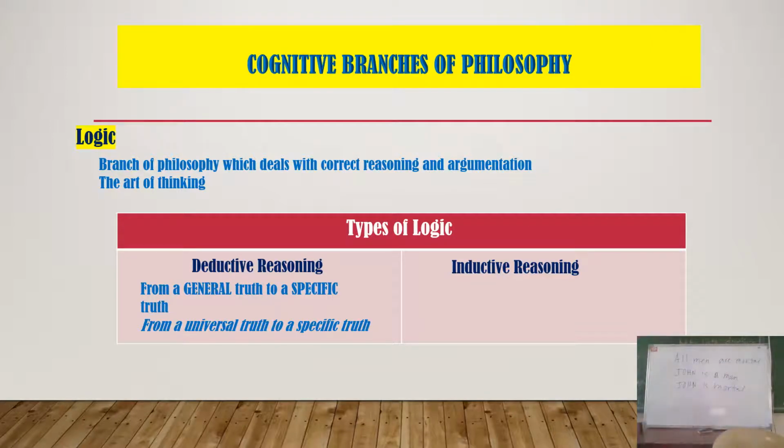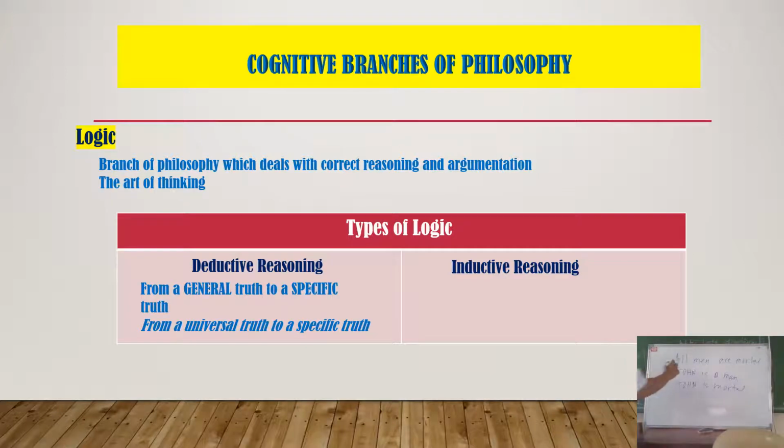So, from your conclusion, you are providing supporting idea or supporting evidences. So all men are mortal. So John is a man. Therefore, John is mortal. That is deductive reasoning. That is an example of deductive reasoning.